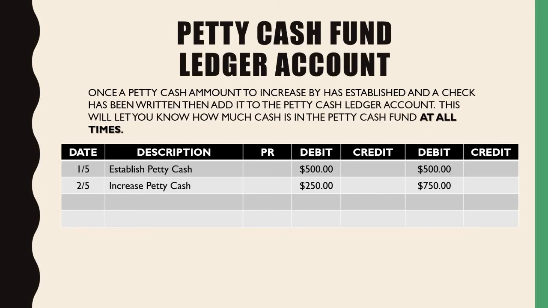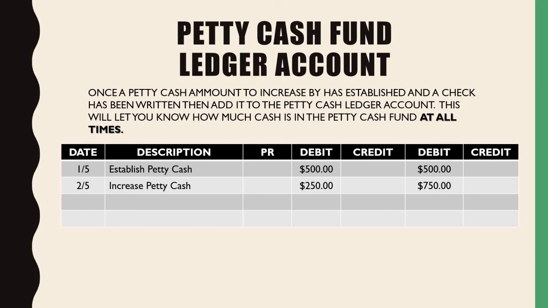Because right now my petty cash drawer should hold $500, and I'm increasing it by $250, therefore I should have a grand total of $750 in my petty cash drawer at all times. So this is how a general ledger works, and this is how we increase or decrease an account, right?